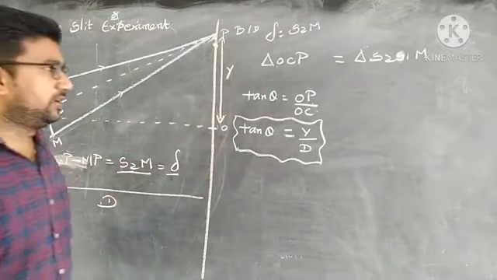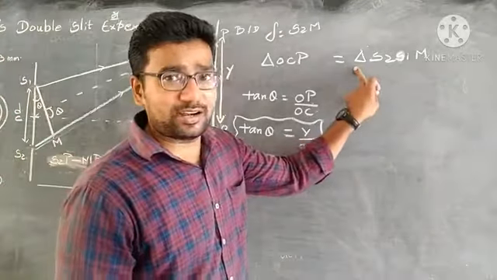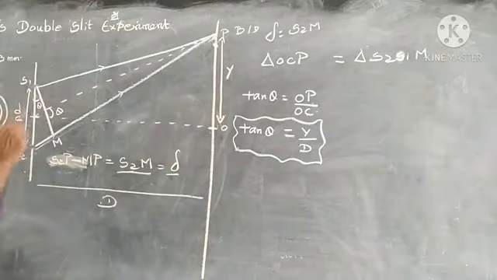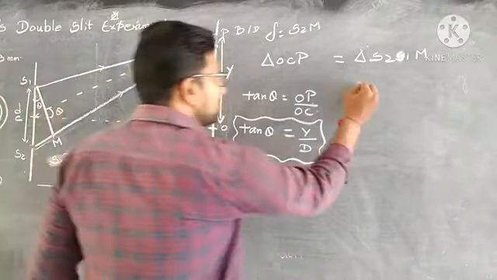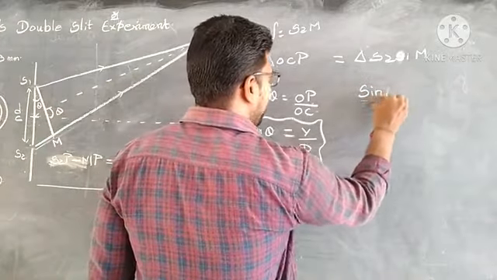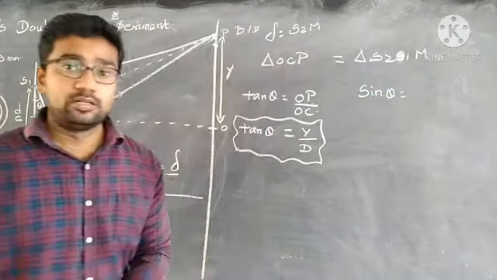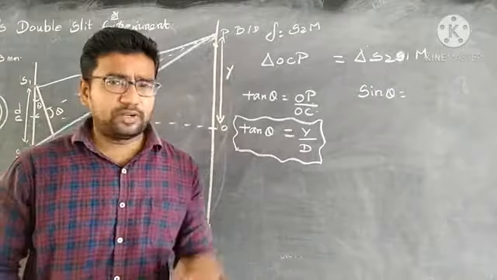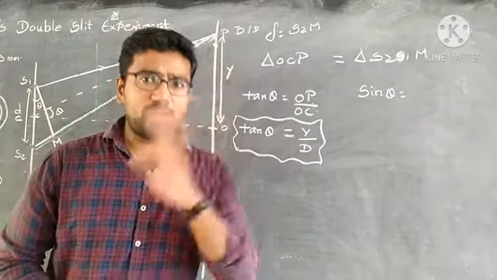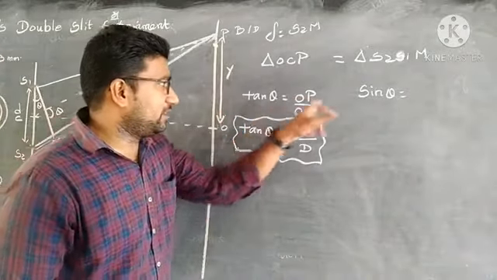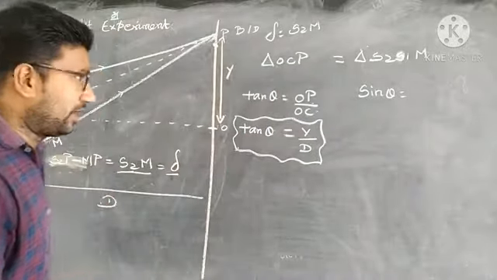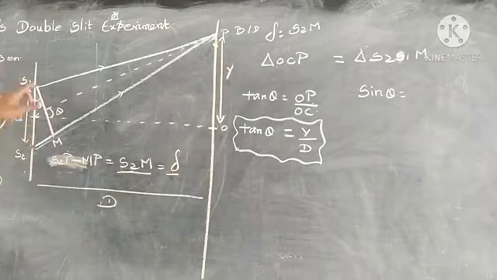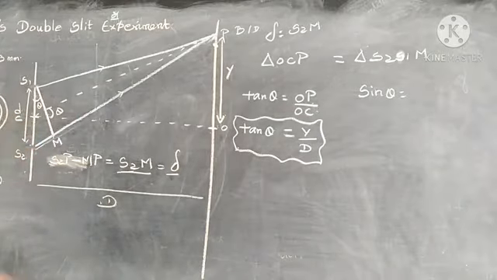Okay, students? And then next, what is the other triangle? S2S1M. So from the triangle S2S1M, sin theta can be found. Listen, students, when the angle is very small, sin theta and tan theta are equal, you know? That's why in the angle S2S1M, I am going to find the sin theta value.